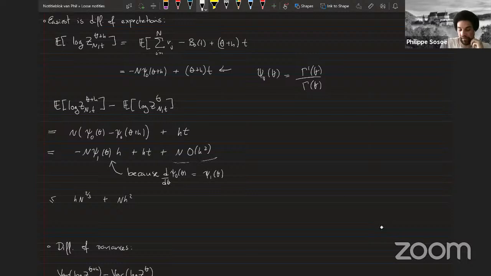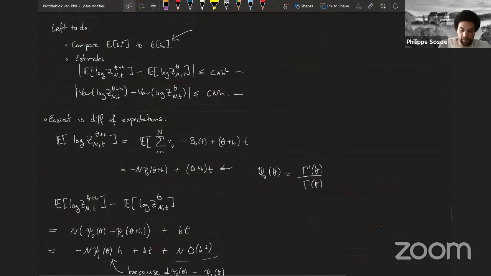And the error is of order h squared. And now what remains is to note that if we factor out h here, we have h times (t minus n psi 1 of theta). But that's exactly the term that we assumed is of order n^(2/3). So actually I lied earlier on, we get this error h times n^(2/3). So we're going to get this extra error term n^(2/3), but that works out perfectly with what I showed you above.